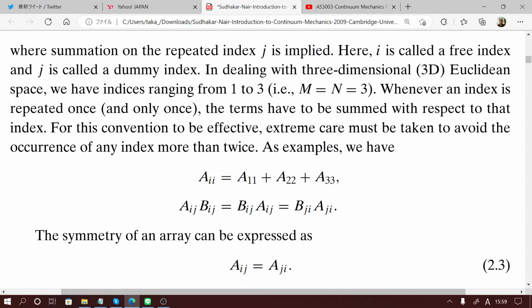This is a little bit complicated. So I think in this case we have to have this one: summation over i, summation over j.